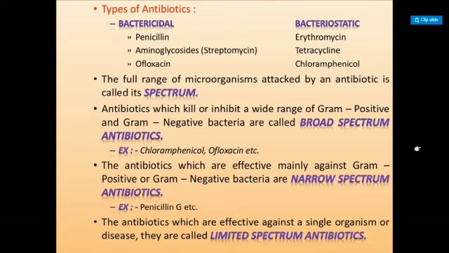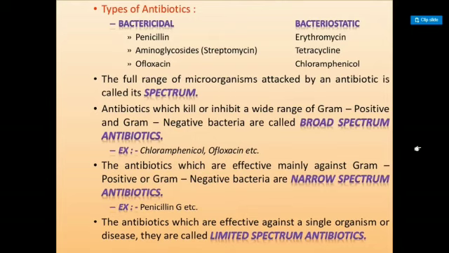The full range of microorganisms attacked by an antibiotic is called a spectrum. Antibiotics which kill or inhibit a wide range of gram-positive and gram-negative bacteria are called broad-spectrum antibiotics. Chloramphenicol and ofloxacin, etc. are examples of this.